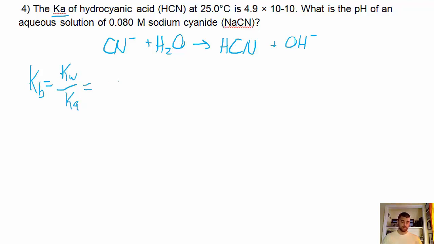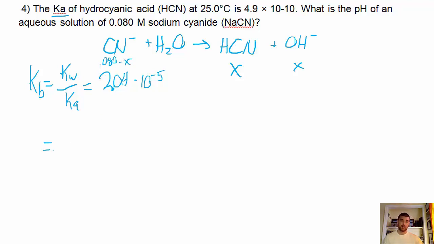Both values I know. So I plug that in and I get 2.04 times 10 to the minus 5 as my Kb. So now I'm going to do like what I did in the other problem. How much HCN am I going to make? X. I'm going to make the same amount of hydroxide, and the amount of CN minus that I have is going to be 0.080 minus X, how much I used up.